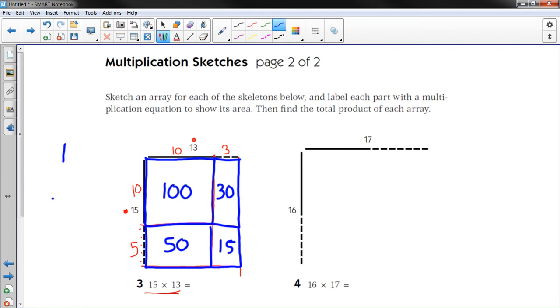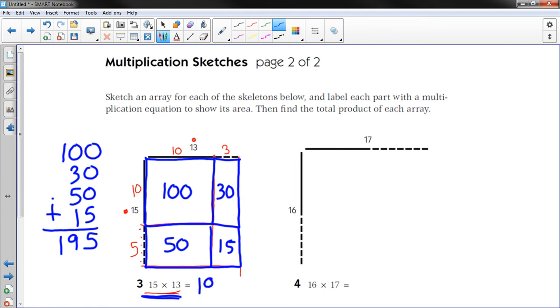Now I just need to add those partial products up. So I'm going to go over here, put them in a way I can add them. 5, 9, 1. So the answer to 15 times 13 is 195.